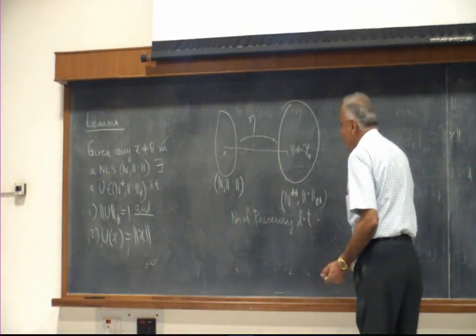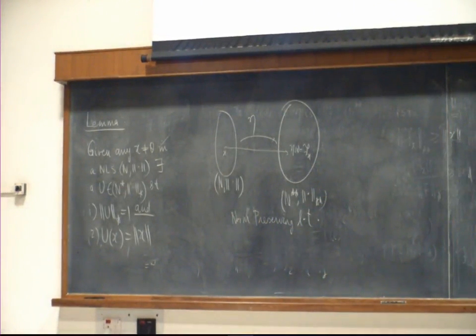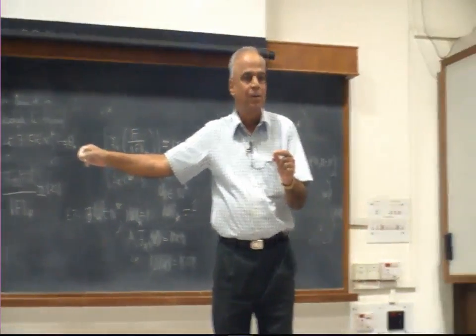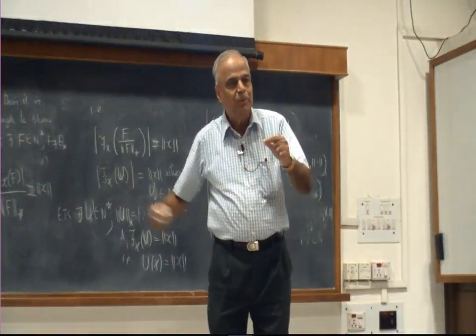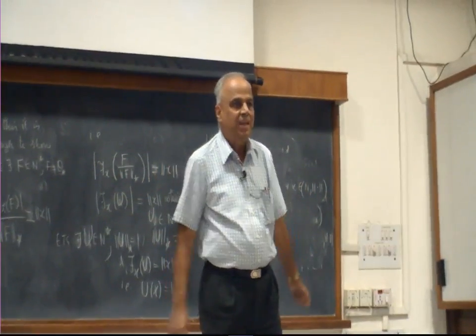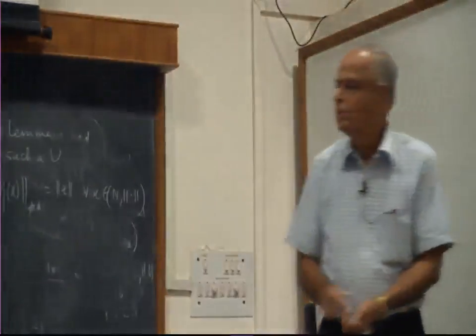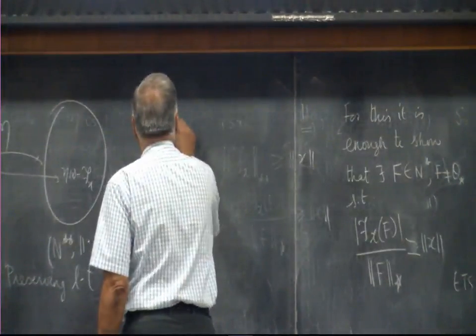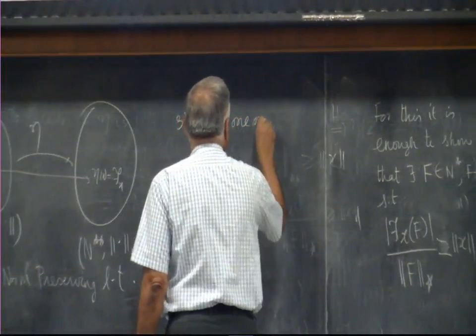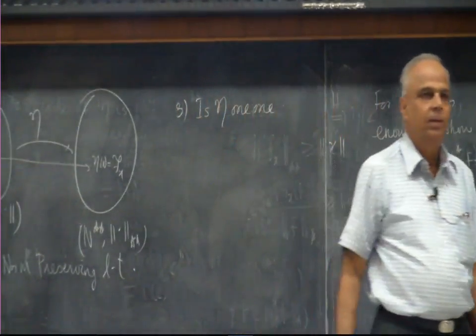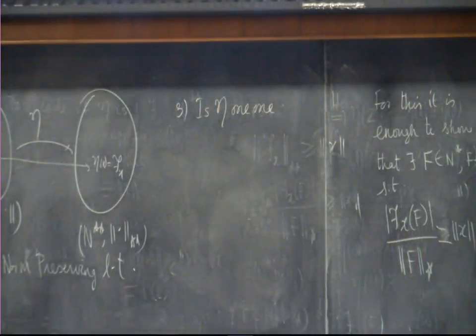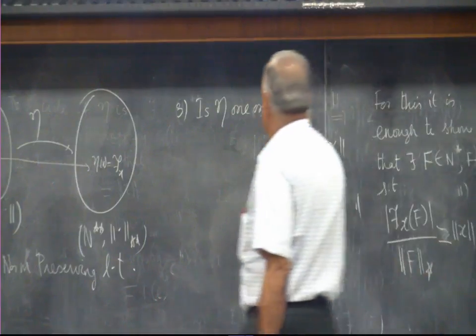So now what is the next question that we raised? Whether this coding of an element here by its shadow creates any confusion. Will two fellows have the same shadow? So we asked the question whether eta is 1-1.